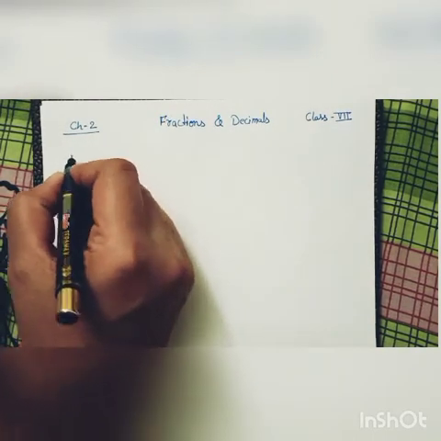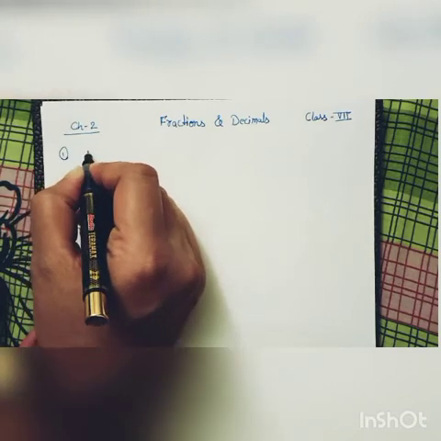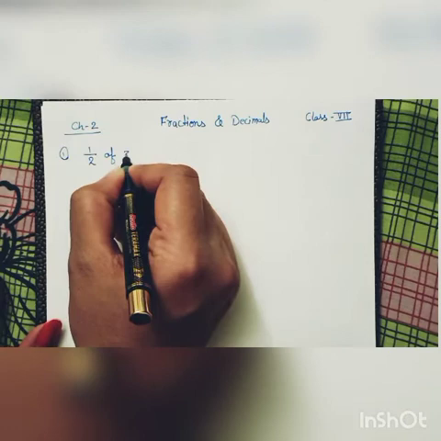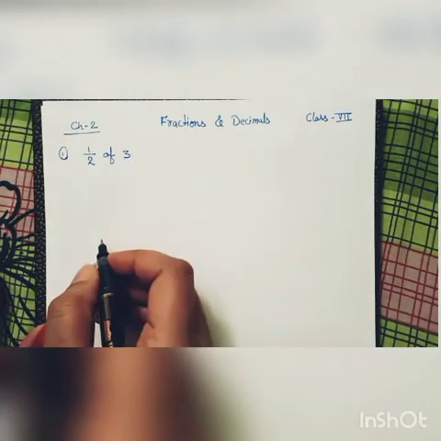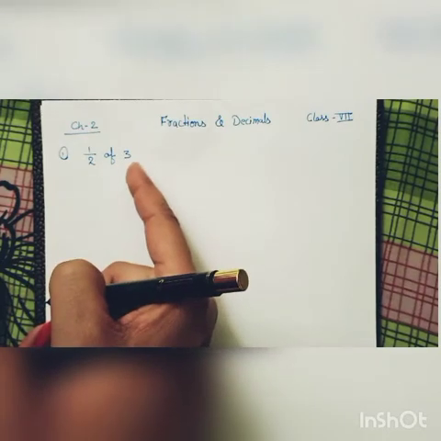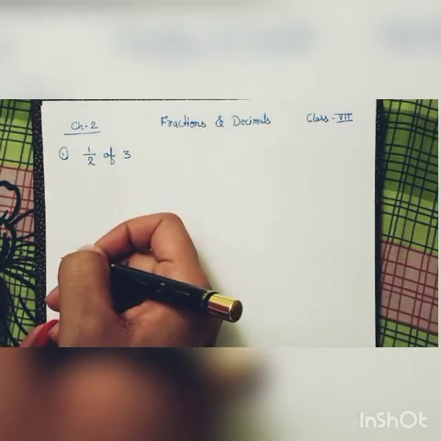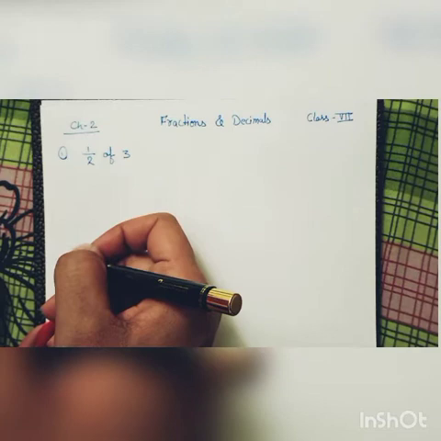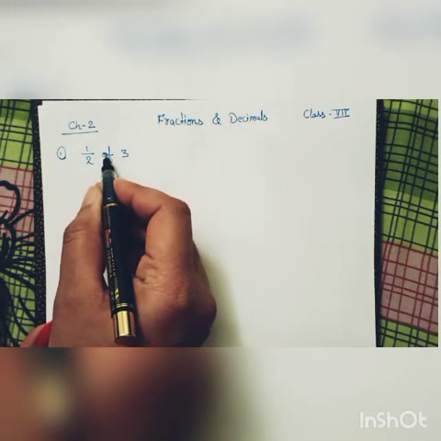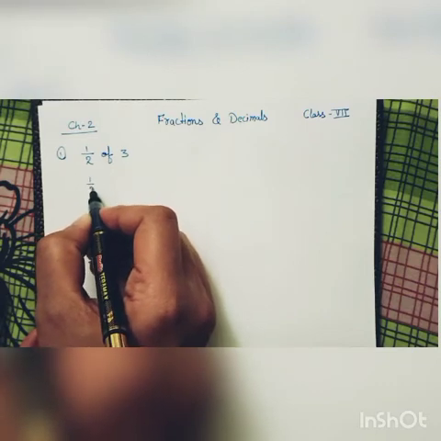I'm taking the first example, that is 1 upon 2 of 3. Here we have to find 1 by 2 of the number 3, and for this, the word "of" simply means the multiplication sign.